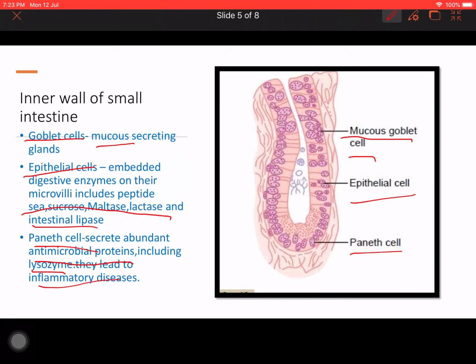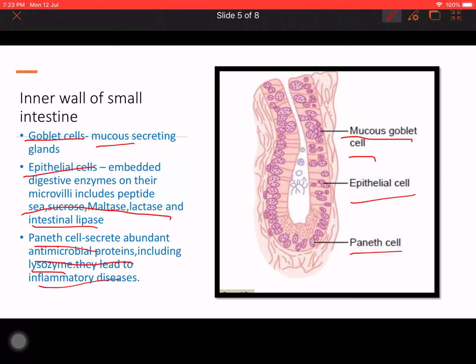If you have any doubt here, please do ask me in your comment box so that I can explain it again. So these cells, what they are doing: the goblet cells are secreting mucus. The intestinal cells, that is the epithelial cells, are secreting peptidases, sucrase, maltase, lactase and intestinal lipase.